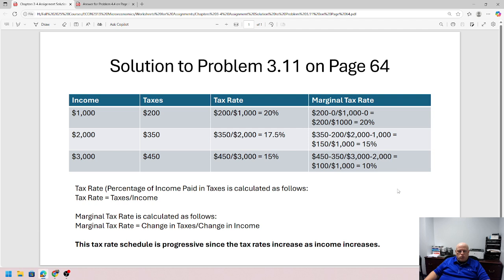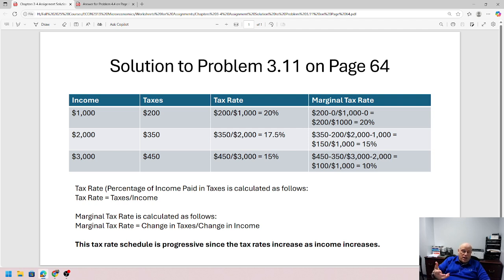And then on this last one, it will be, again, what our taxes are now, 450, minus what they were with the previous income. So it'll be 450 minus 350, which is $100, over $3,000 income now minus the $2,000 before. So it's $100 over $1,000, which is 10%. Okay, so that's how that's calculated.